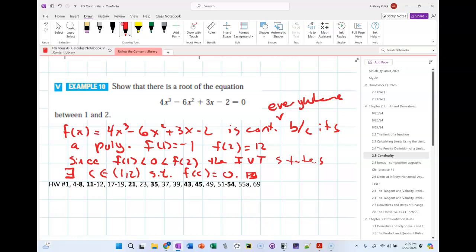I'm saying this over and over and over again because in my experience, half of us forget to show continuity. Okay? Gotta remember continuity. It's often you just state this thing is continuous because it's this kind of function, and that's all you need to do. There's nothing to prove there. You just can state it, but you have to remember to say it.